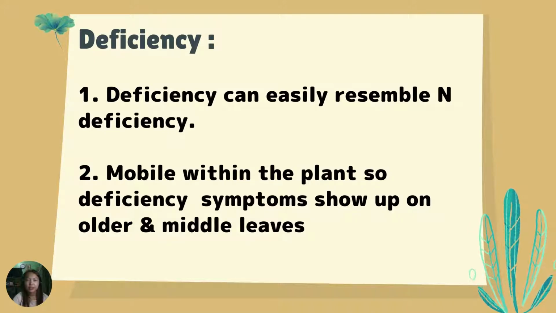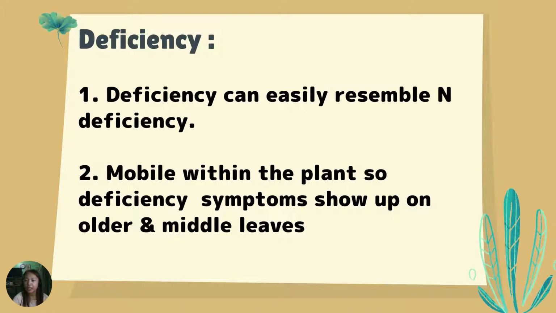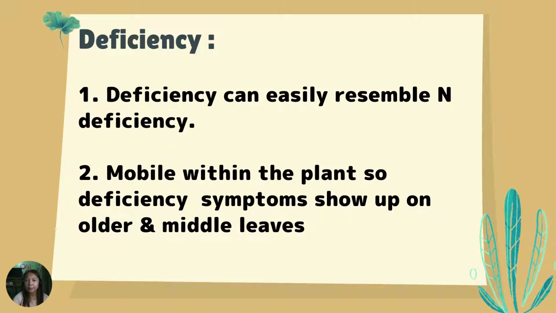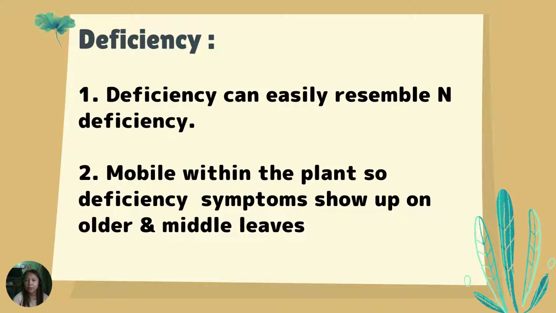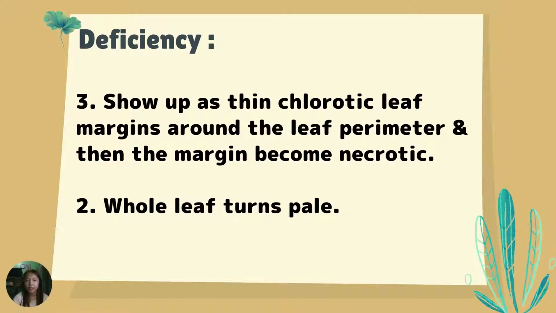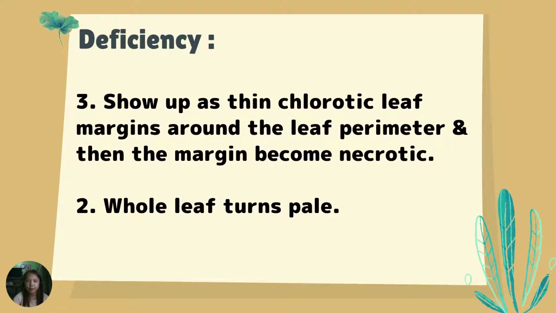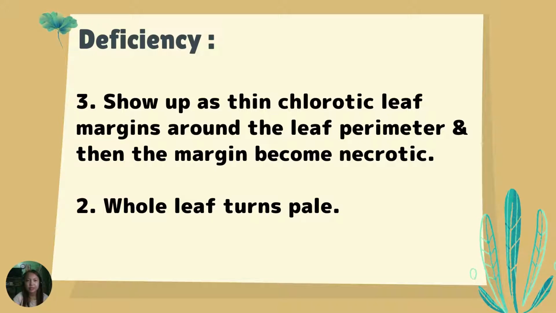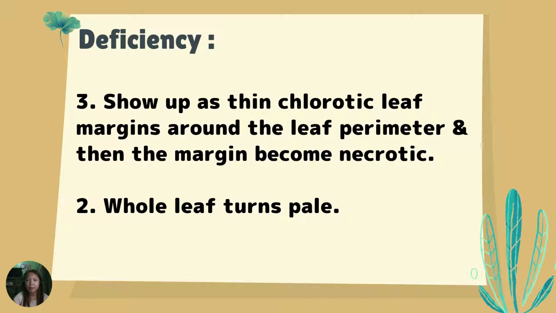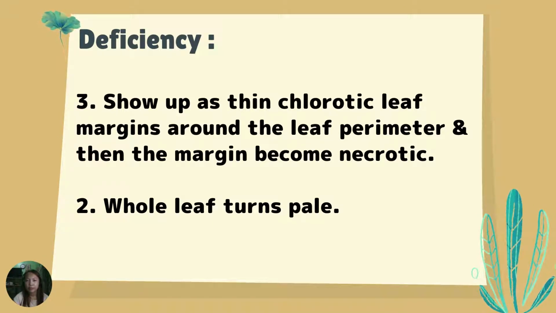Okay, so the deficiency can easily resemble nitrogen deficiency. So it is somewhat similar to nitrogen deficiency. It is mobile within the plant, so the deficiency symptoms show up on older and middle leaves. So it is freely moving, so we can easily observe if there is a deficiency. It shows up as thin chlorotic leaf margins around the leaf perimeter, and then the margin becomes necrotic or yellowish in color.